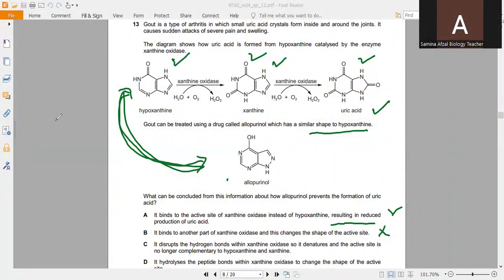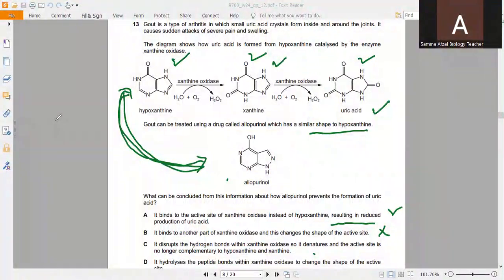It disrupts the hydrogen bonds within the xanthine oxidase and changes the shape of the active site, so it denatures and the active site is no longer complementary to hypoxanthine and xanthine.